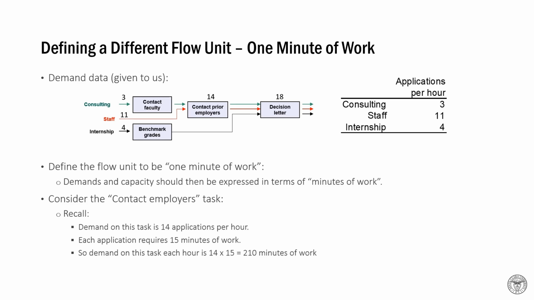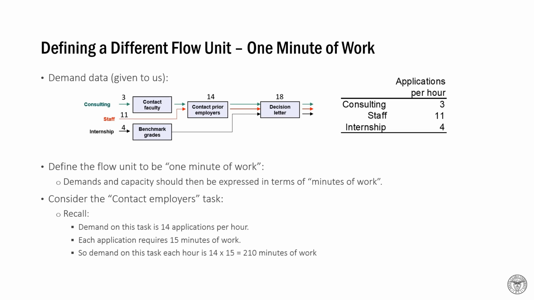Taking the example of the contact employers task, we recall that the demand for this task is 14 applications per hour. It is important to note that each application requires 15 minutes of work.